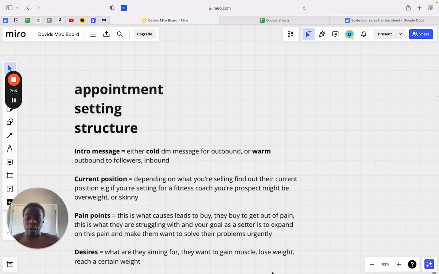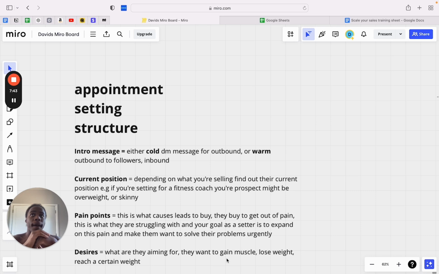Their desire is going to be to lose weight or reach a certain weight, right? Their pain points and desires go hand in hand. Whatever they're struggling with, or whatever they want to solve in their life, is their desire, if that makes sense. You know what I mean? If you're struggling with something, your ideal state is going to be to solve that issue, to get to a certain point where that issue isn't a problem for you anymore. So their desire is what they're aiming for, their end point.